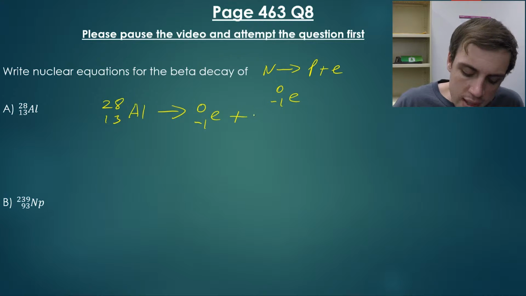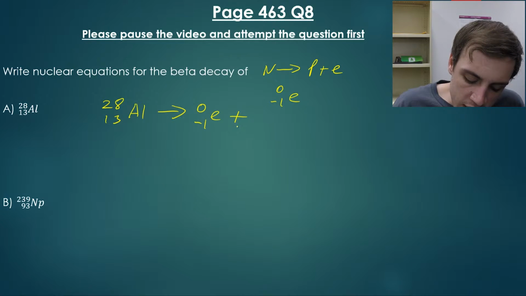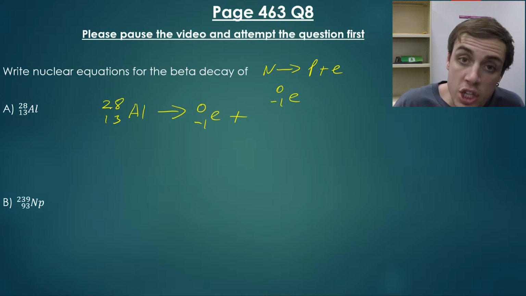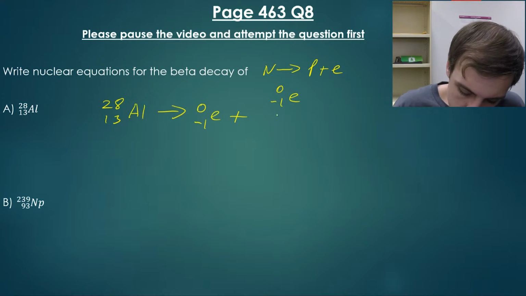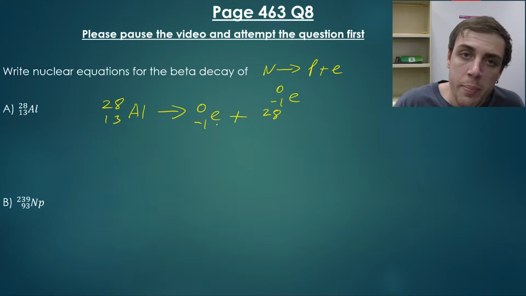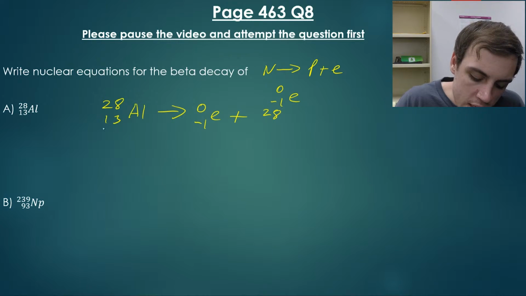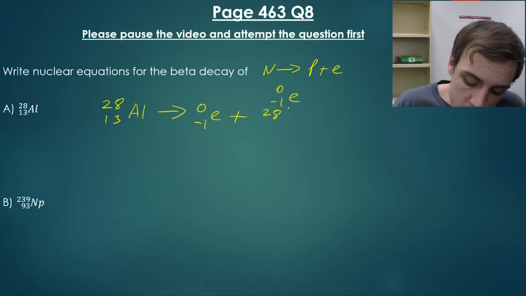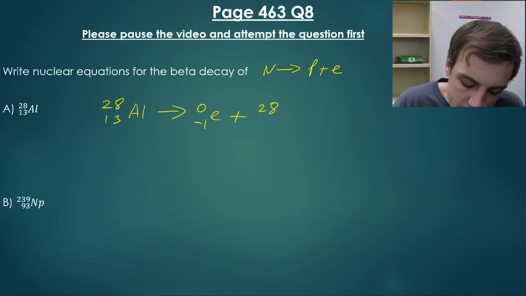Plus, so what we do here is we have a look, so our top number here, 28, doesn't change. So we still have 28. However, our number of protons does. So 13, and we know that this number has to go up from a beta decay, because this is going to be losing a neutron and gaining a proton. So that means that we're going to have not 13, but 14.